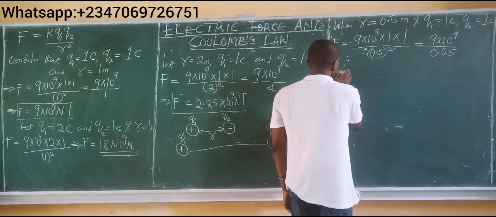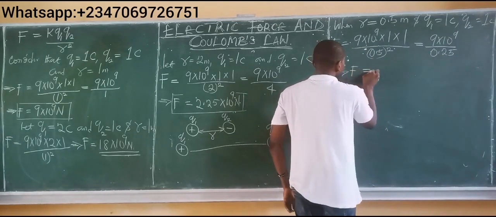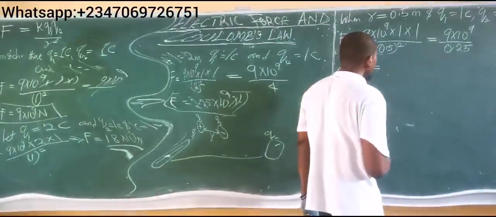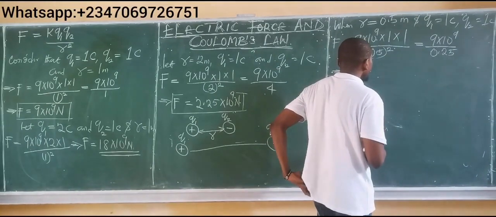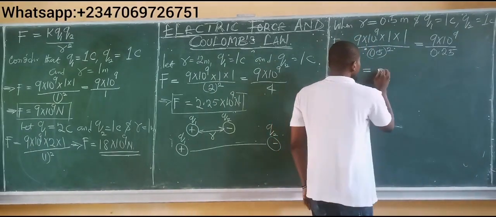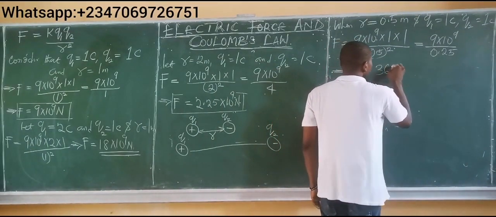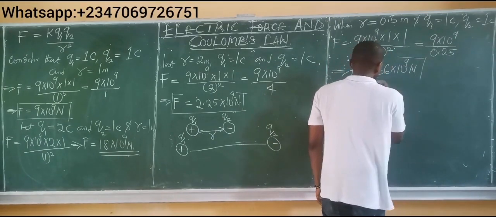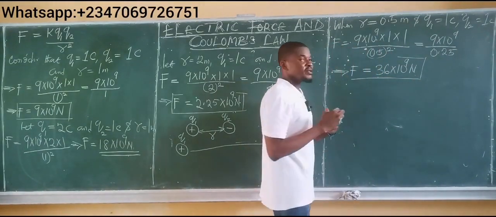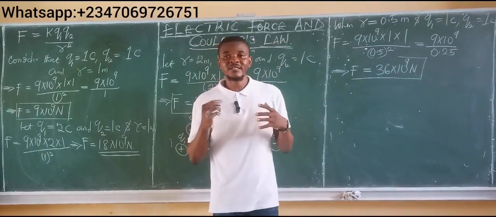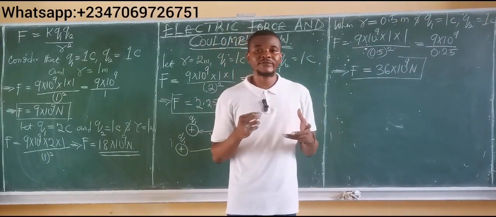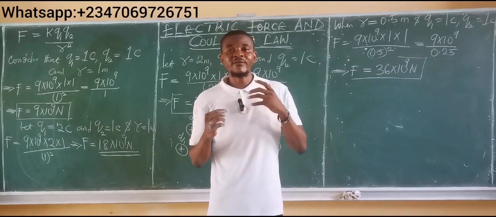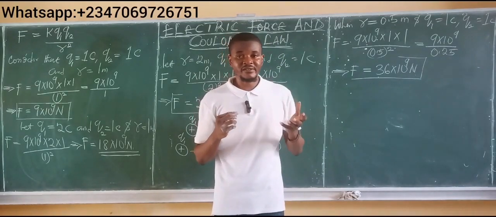Now let's obtain the value of the force of attraction. 9 by 10 to the power of 9 divided by 0.25 simply gives us 36 by 10 to the power of 9 Newton. So you see that when the distance or separation between the 2 point charges in the electric field was reduced, the force automatically increases.